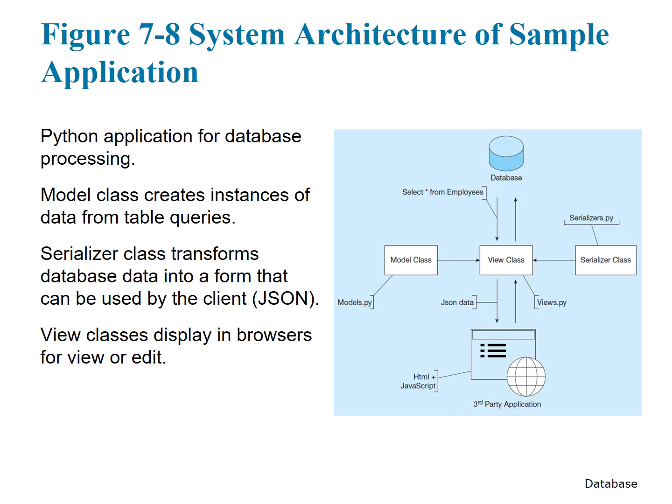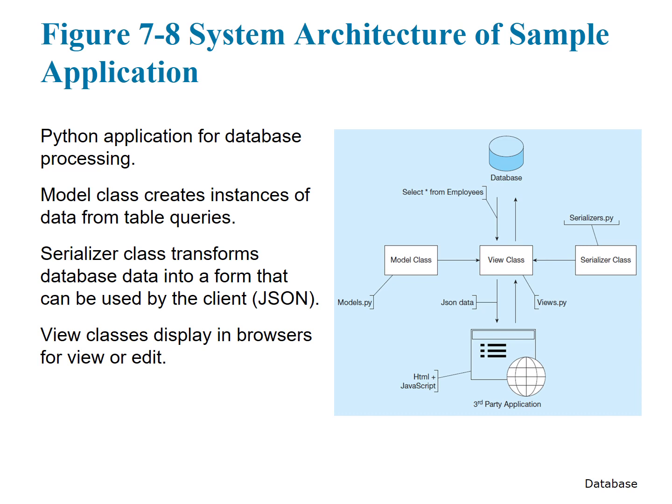Figure 7-8 shows the system architecture for a 3-tier application built using Python. The third-party application that resides on the client is likely going to be HTML-based. The model, view, and serializer classes are written using Python and reside on the application server. The database resides on the database server.